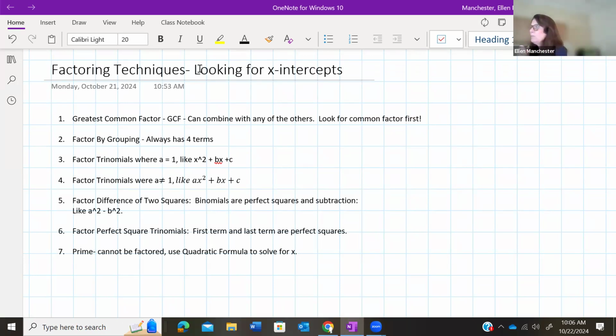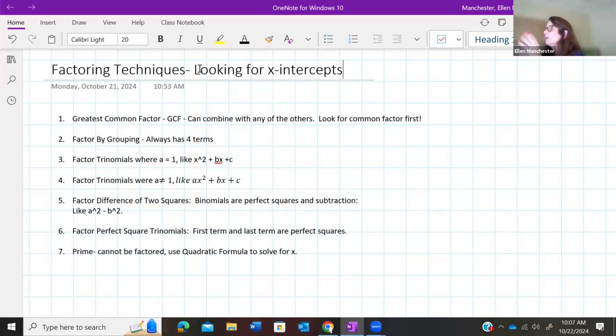If it's a word problem, you're looking for where does the rocket start and stop. If it's a different word problem, where does profit start and stop? Where does revenue start and stop? So those are the x-intercepts. It's where does the parabola start, at 0 sometimes it starts on the y-axis, and then where does it end? So these are all the techniques to do that.